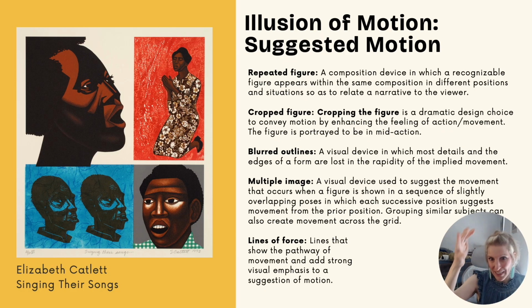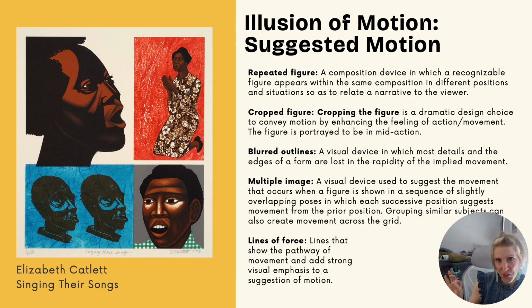So that use of repetition is telling a story. Cropping the figure is a dramatic design choice to convey motion by enhancing the feeling of action or movement. The figure is portrayed to be in mid-action. So we might see, for example, a jumper being cut in half.